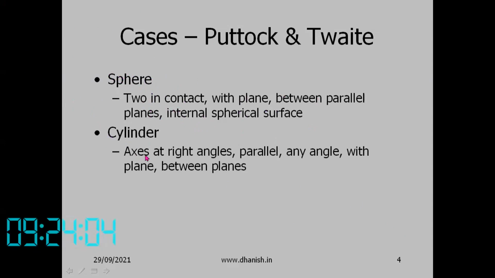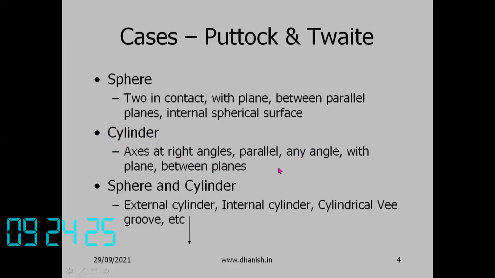Then cylinders: two cylinders with axes at right angles, axes parallel, axes at any arbitrary angle. Then a cylinder in contact with a plane, a cylinder between two planes. So different cases are there. For each case, the answer is given by Puttock and Thwaite. They have not given the derivation, they have just given the formula, so something like a design data book for metrology. Puttock and Thwaite's table is famous.